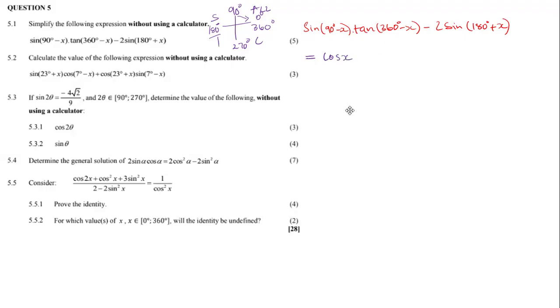And then now we move to the second one. We reduce it. We have 360 degrees minus. When we minus, we go back; when we add, we go forward. 360 degrees minus is in the fourth quadrant. In the fourth quadrant, our trig function, which is tan at this point, is negative.